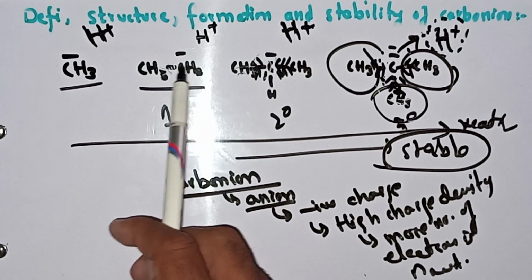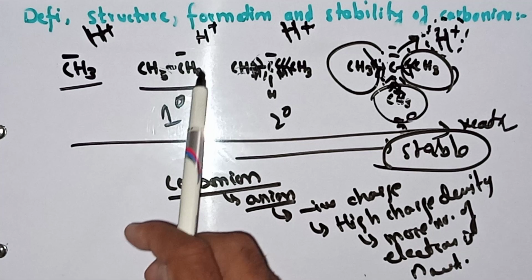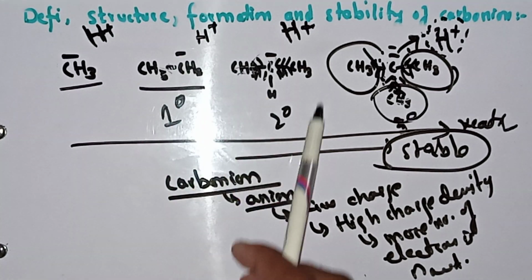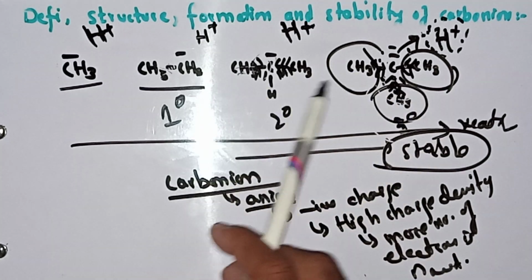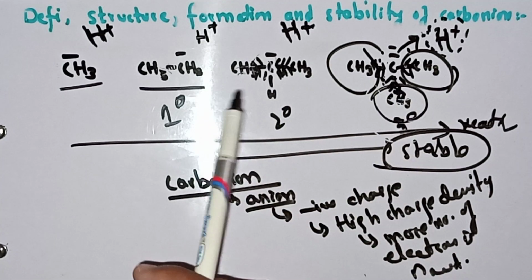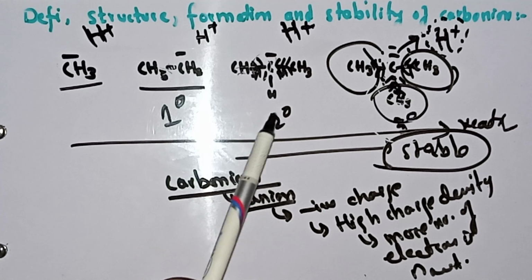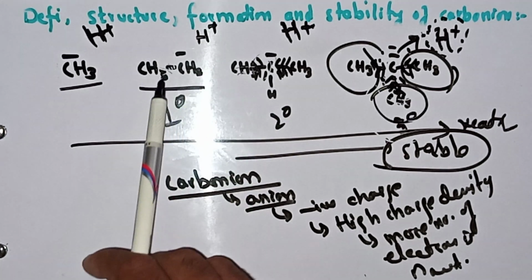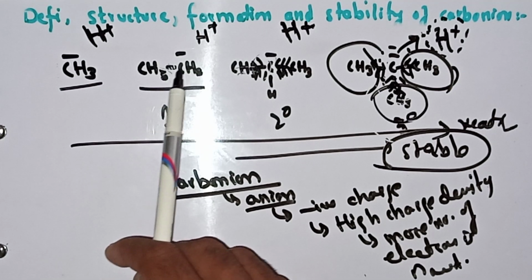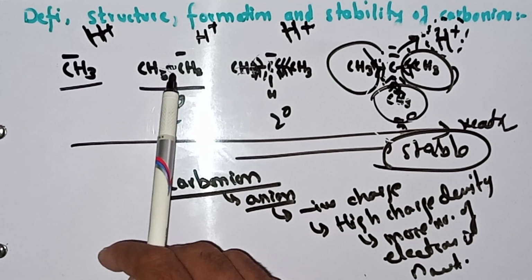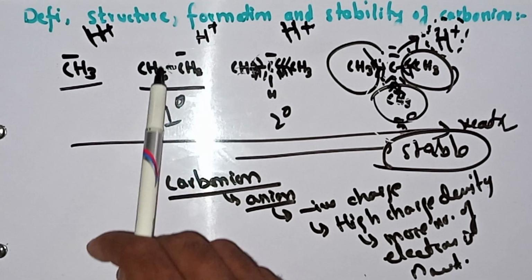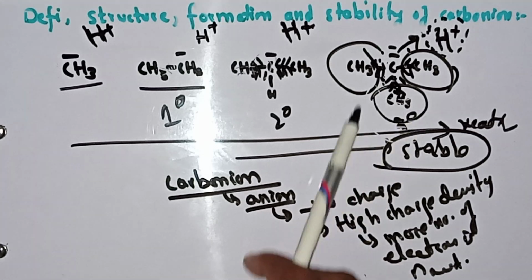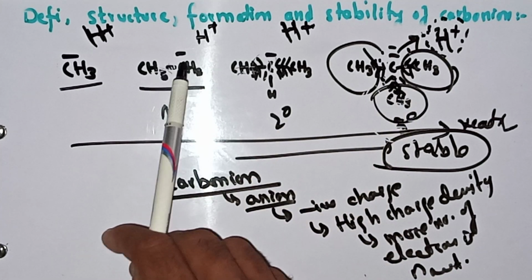But it also means that not enough increase occurs in electron density as in the secondary or tertiary carbanion, because there is only one electron donating group.